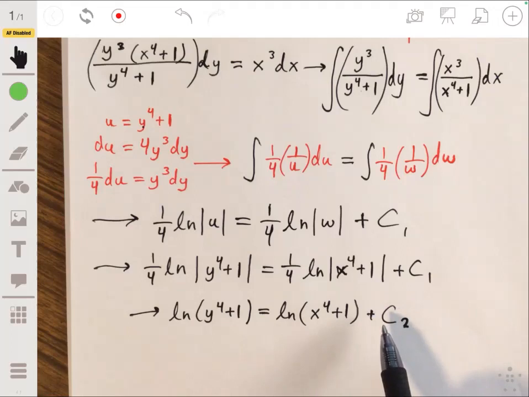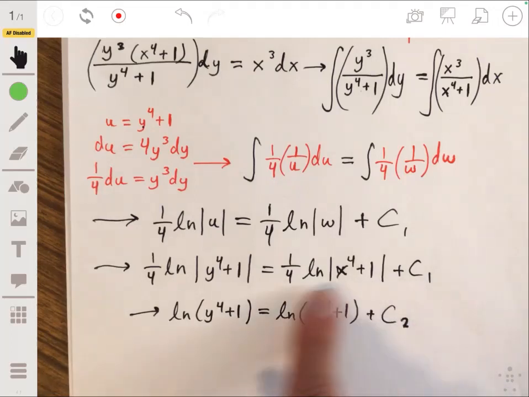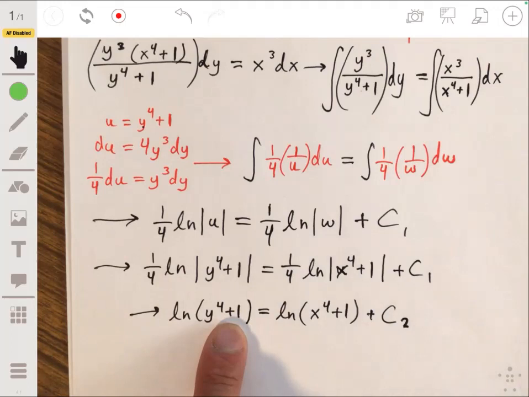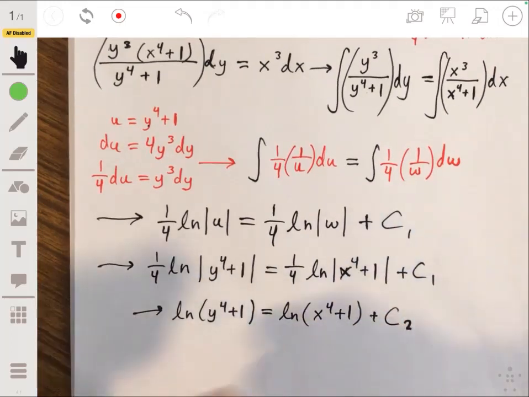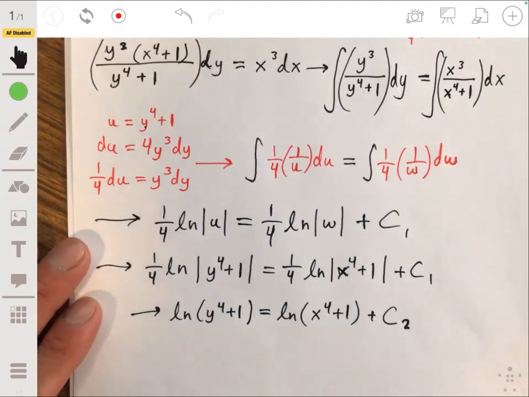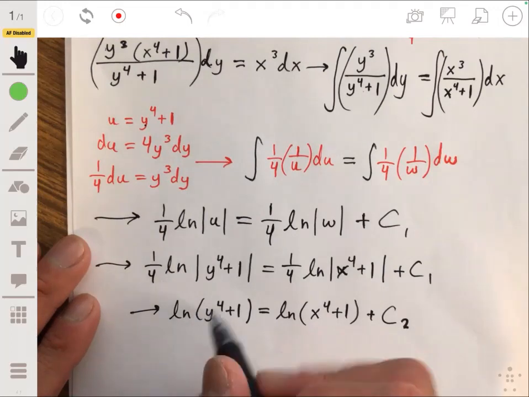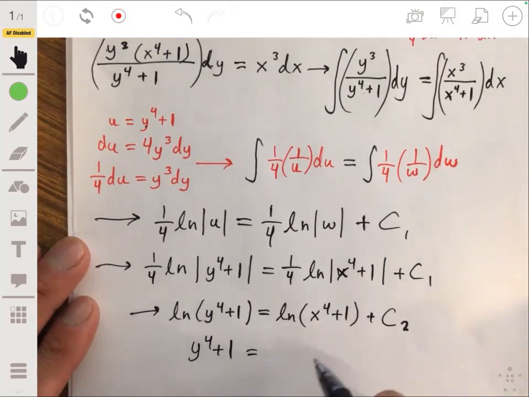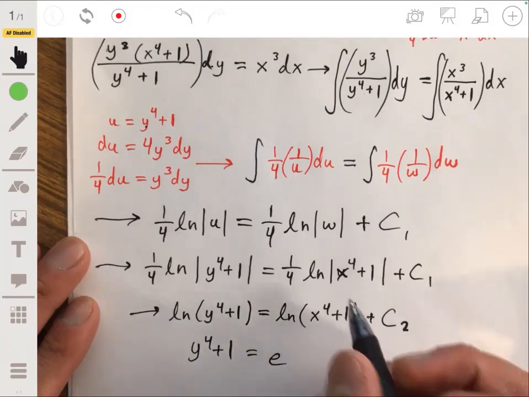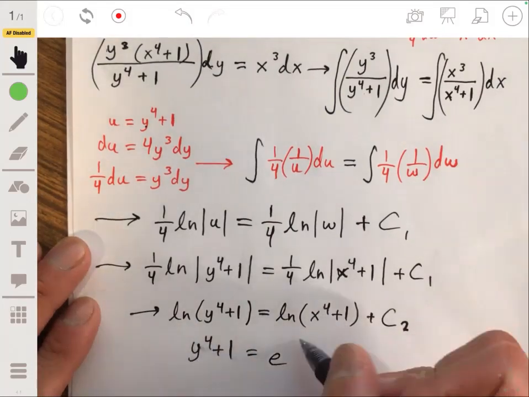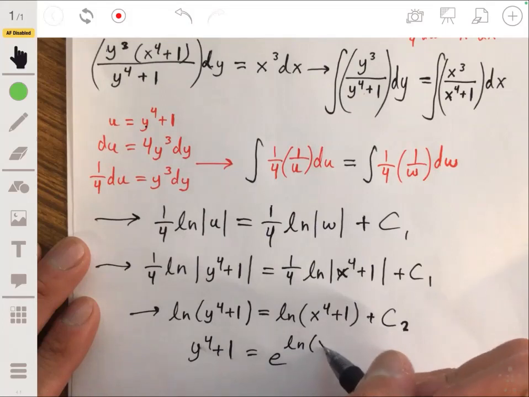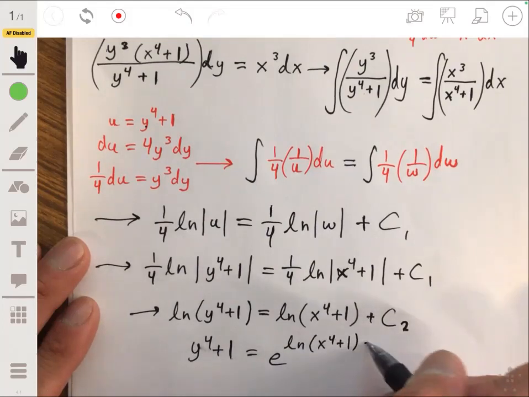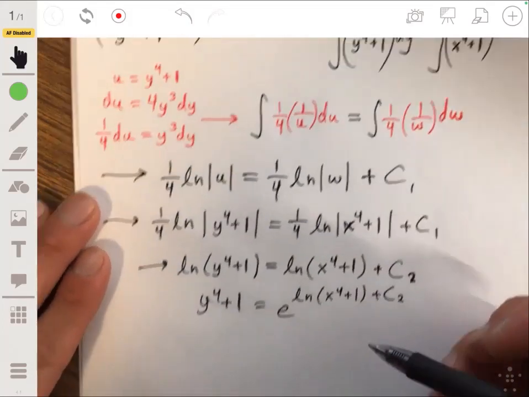So in other words, e to this whole thing is equal to y to the 4th plus 1, and using the properties, it's going to cancel out. So let me just show you. It'll be y to the 4th plus 1 equal to e to the natural log of x to the 4th plus 1 plus C2.